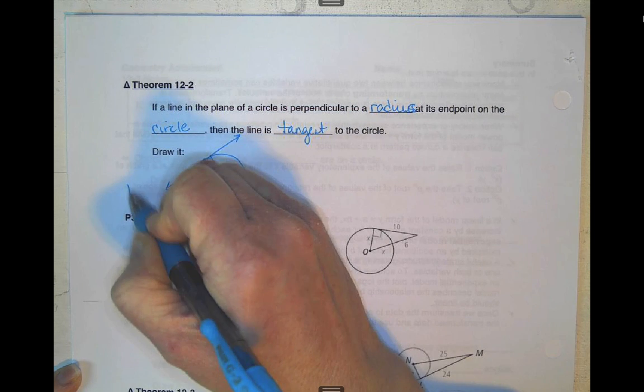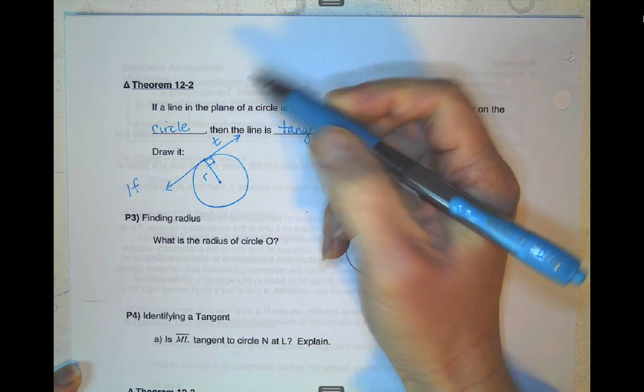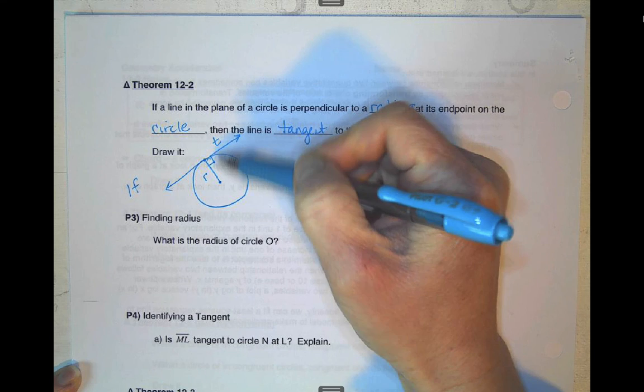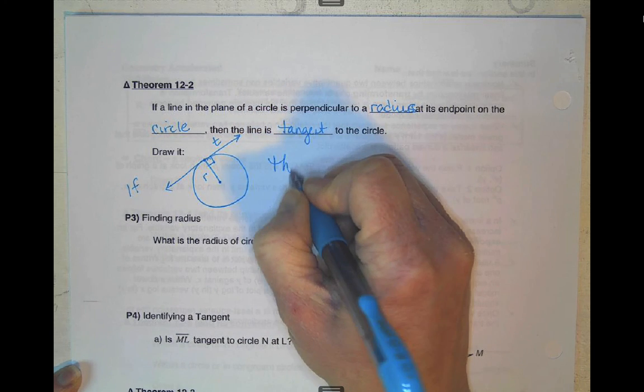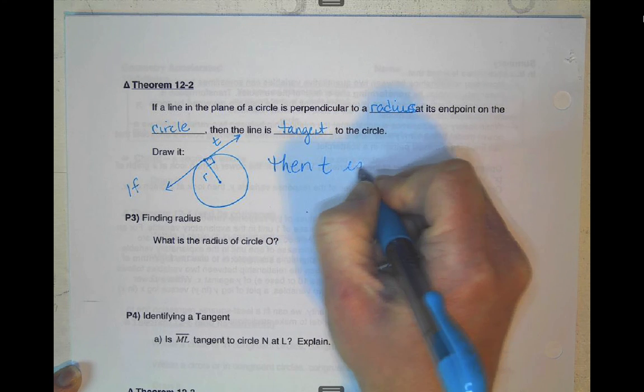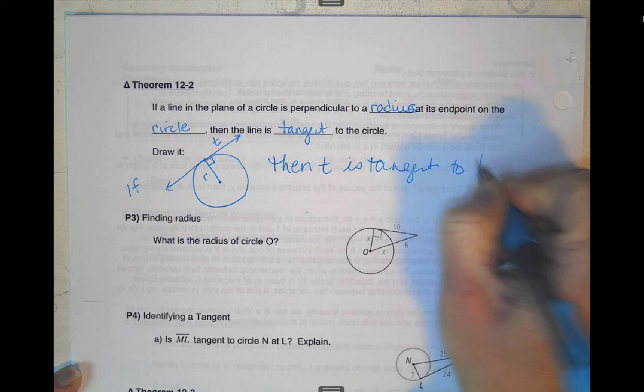So it's saying if we know that this line right here, so it's like the converse, if we know that the tangent, this line is perpendicular to the radius, then T is tangent to the circle.